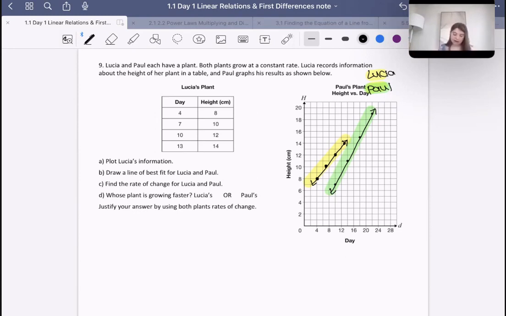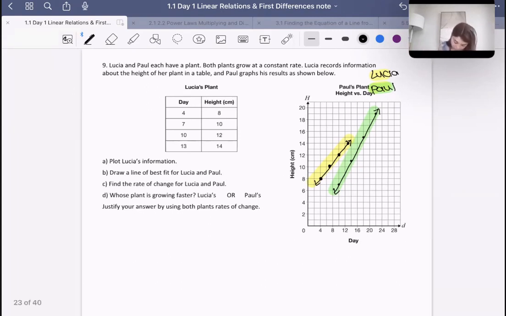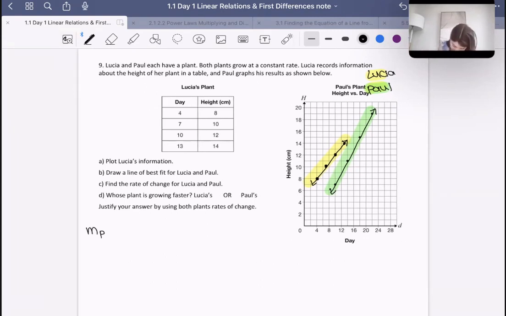Okay, so I want to keep it point out here. This is going to be two separate ones we're going to do here. So let's do the slope for Paul, and then we'll do the slope for Lucia. So the slope for both will be rise over run. So let's get that out of the way.